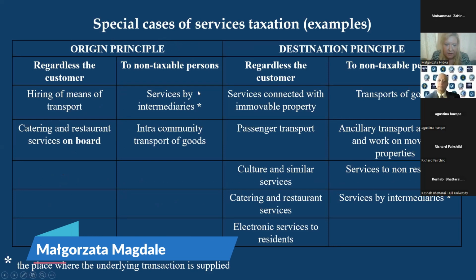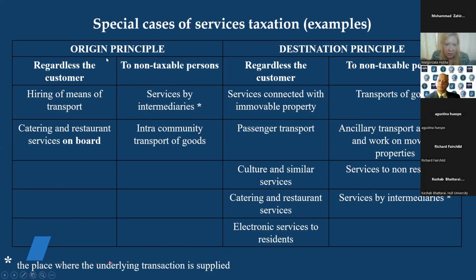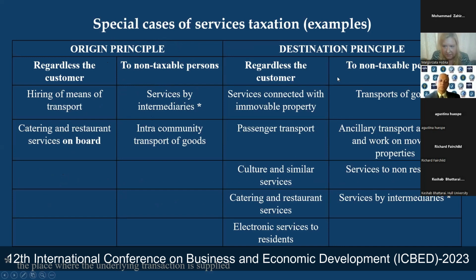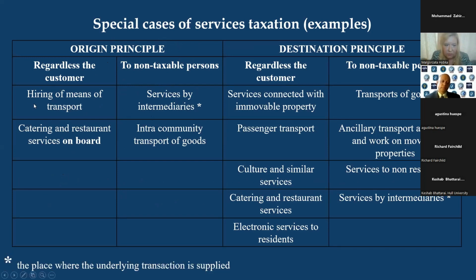For instance, intermediaries may be taxed according to the origin principle or the destination principle, depending on their role in the transaction. Different rules exist for hiring of means of transport, catering and restaurant services, culture and similar. There are plenty of exceptions to that rule, and I will not go deeper into that.